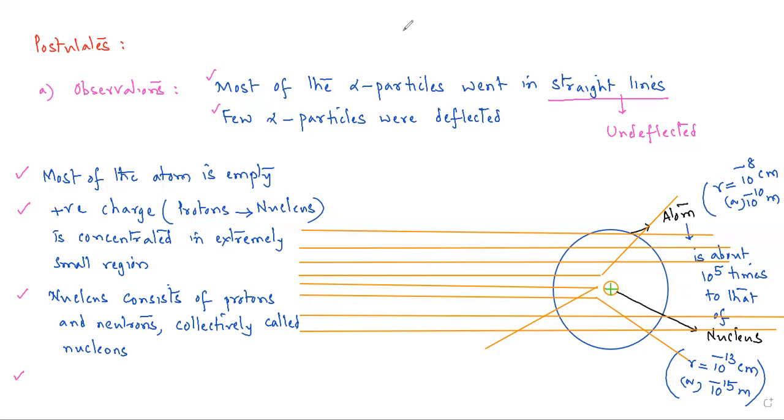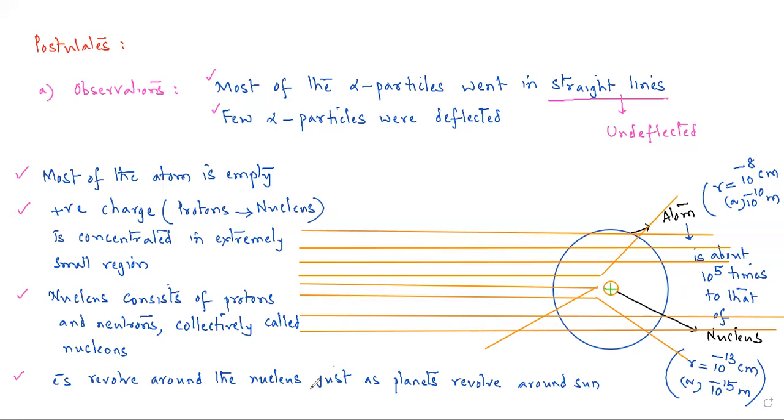The most important thing is electrons revolve around the nucleus, just as planets revolve around the sun. Interesting.